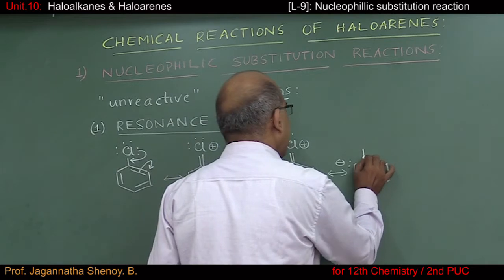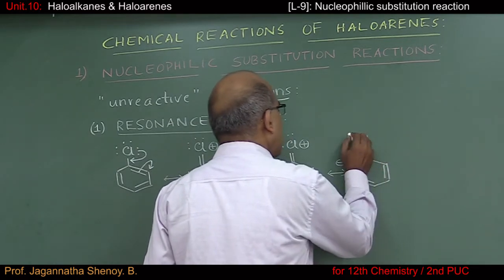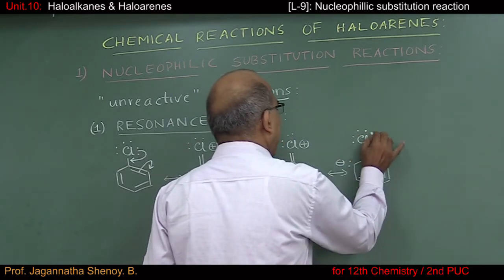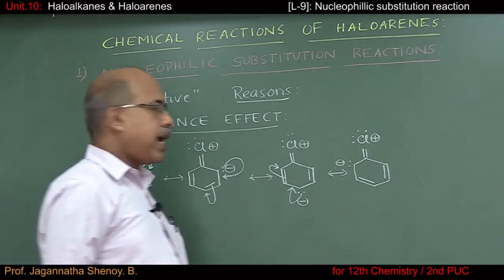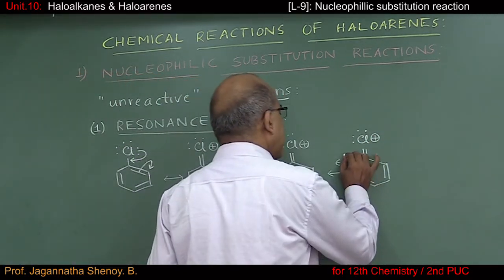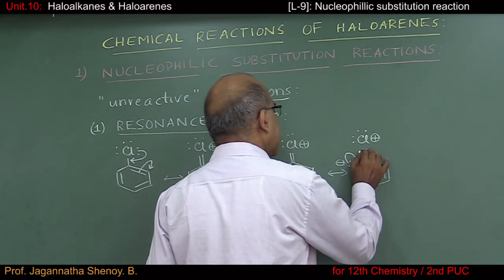You have a negative charge, then you have a double bond. On chlorine, you have a positive charge. And the last resonating structure, I'm going to write like this.